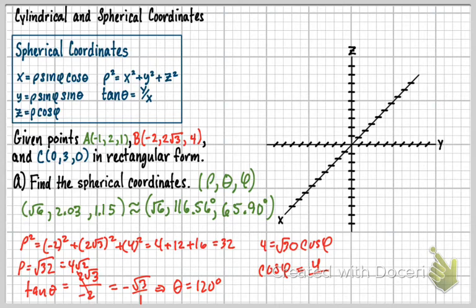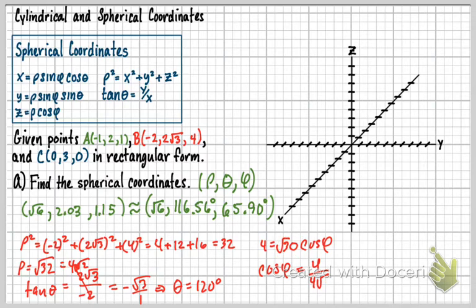Now again, I should go plus or minus, but since I'm just dealing with rho here, I can just keep it 4 square root of 2. And that's what should have been down here at the bottom, 4 square root of 2. I messed that one up, so that's what this 30 is now.